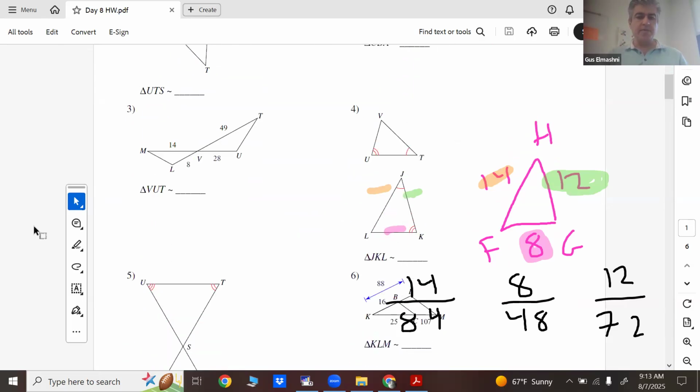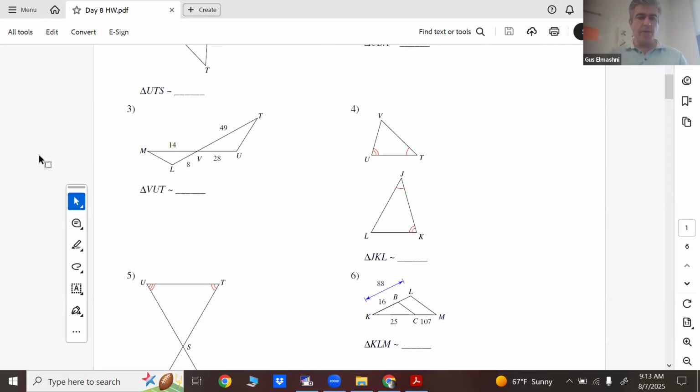Now let's look at 3. I'm going to redraw the triangle in such a way like this. I'm going to draw M, L, V like this. And then the other one I'm just going to rotate like this.